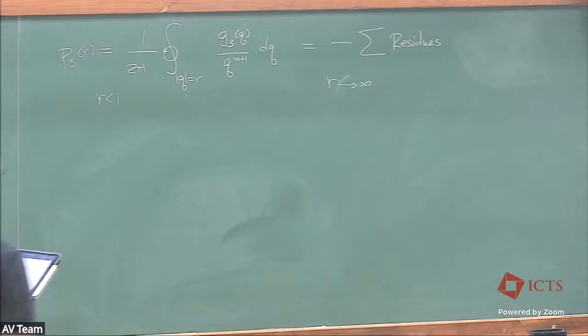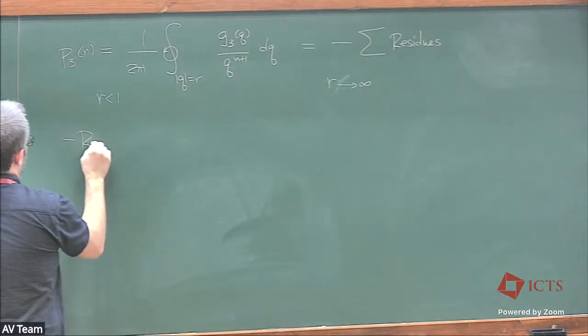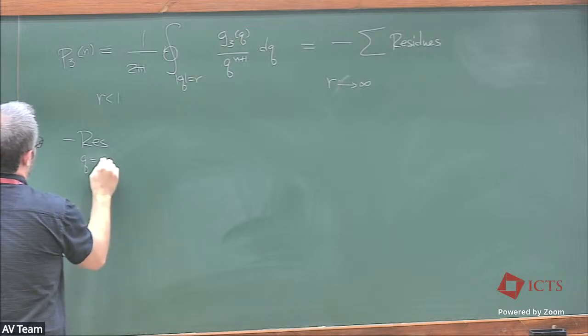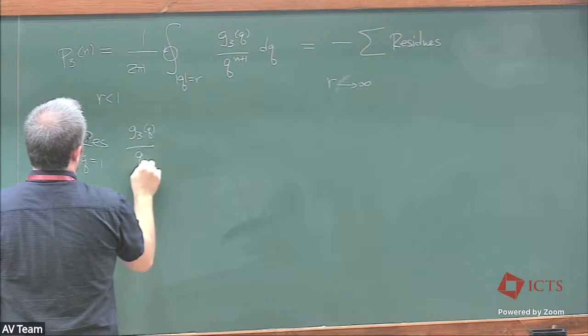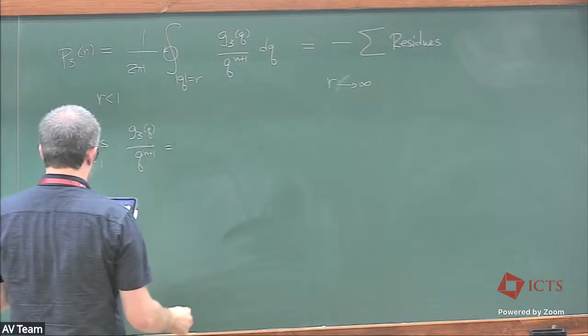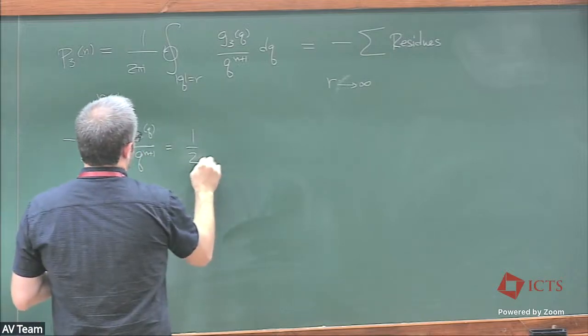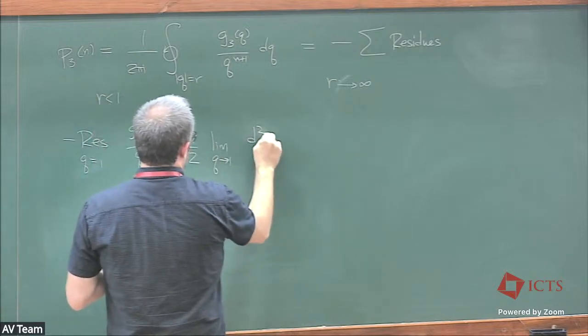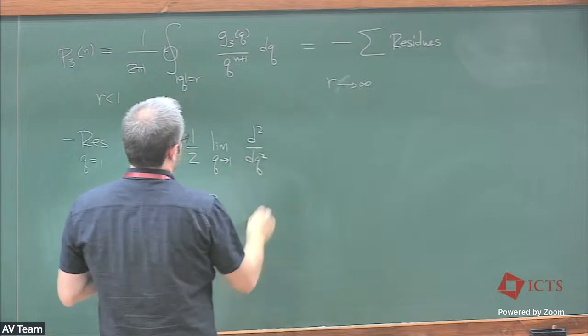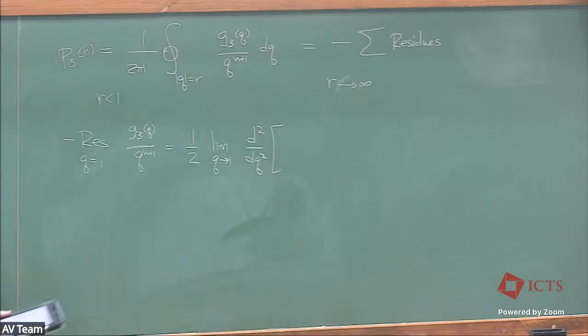So minus the residue at q equals 1 of g3 of q over q to the n plus 1. Well, this is going to be 1/2 times the limit as q goes to 1 of the second derivative with respect to q of, well, we have to cancel the three bad 1 minus q's.